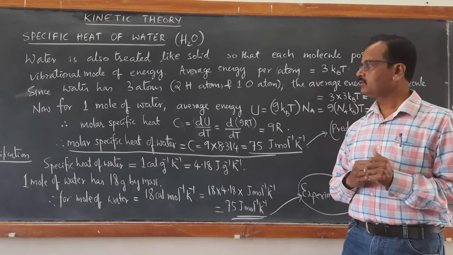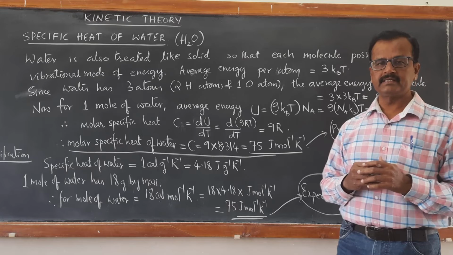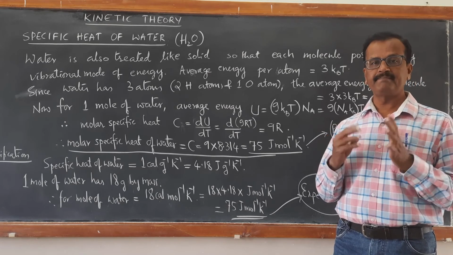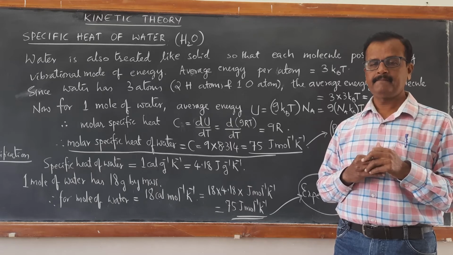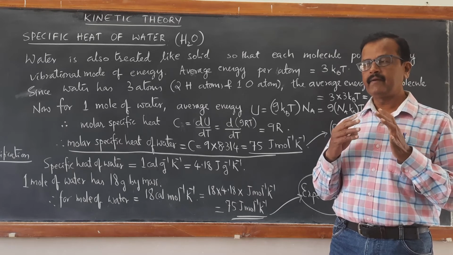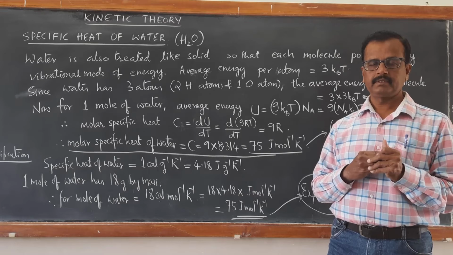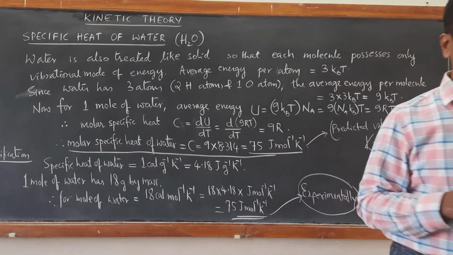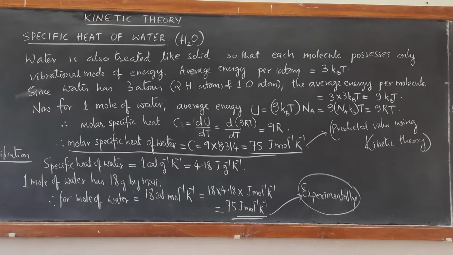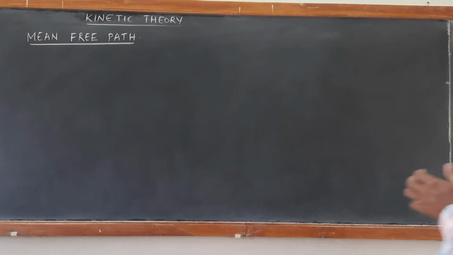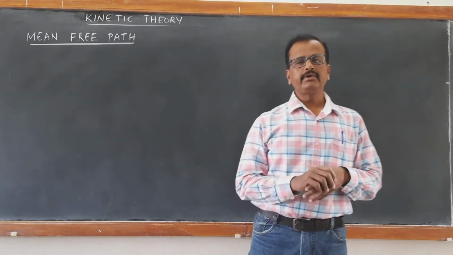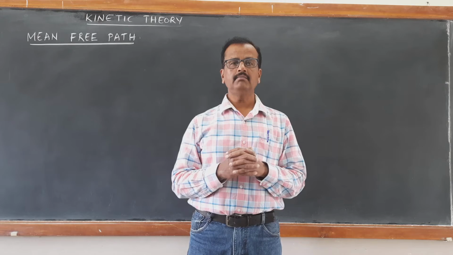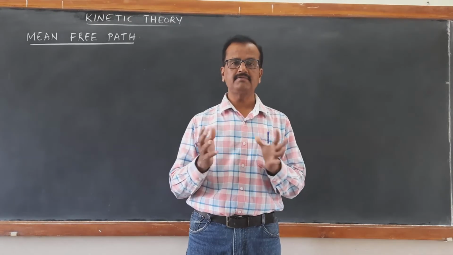Okay. Now, finally, we are discussing one more important part, that is mean free path, the average collision time, and collision frequency, which are very important. Molecules in a gas, like molecules of air, are moving with a very high speed, of the order of the speed of sound.